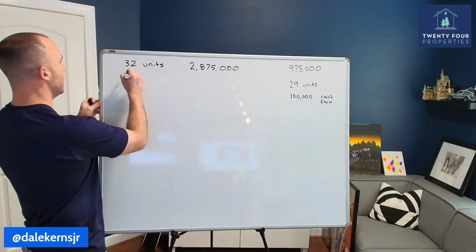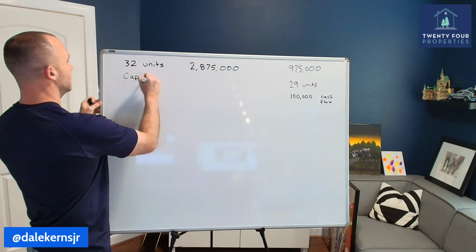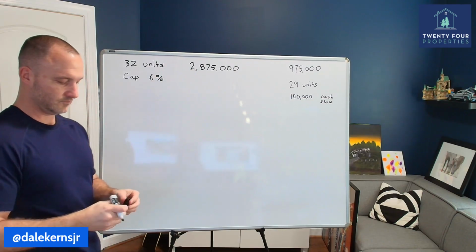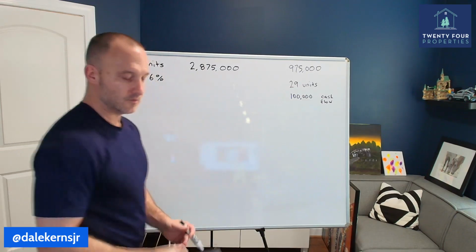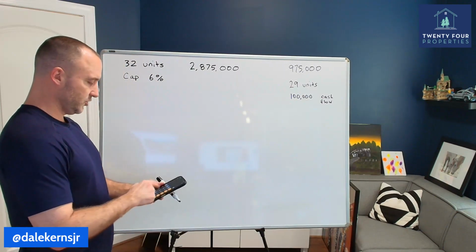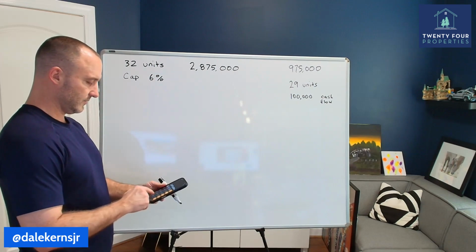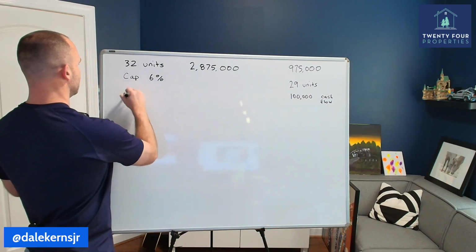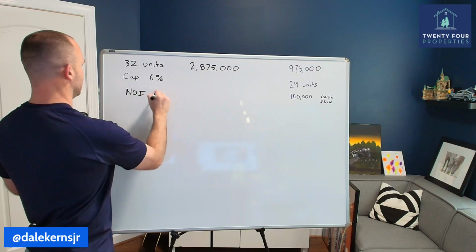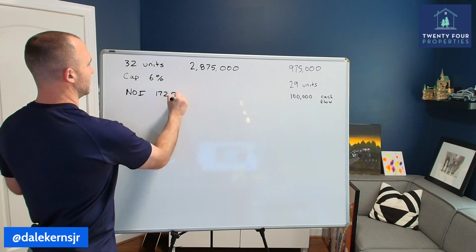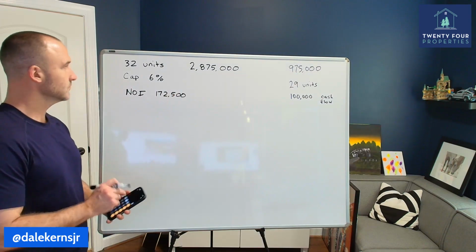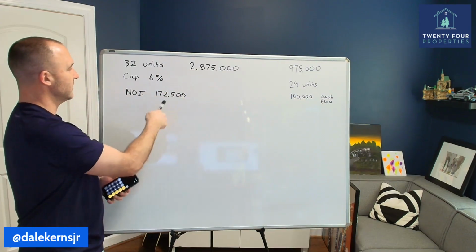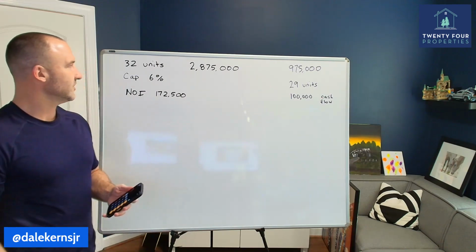So they're saying the cap rate is 6%. Okay. So 2,875 times 0.06 is 172. So our purchase price of 2,875, 6%. That's an NOI of 172,500.